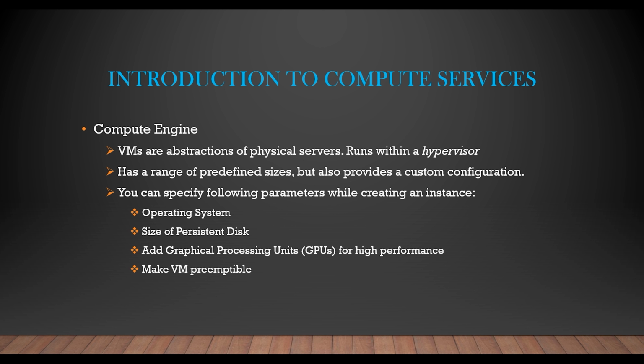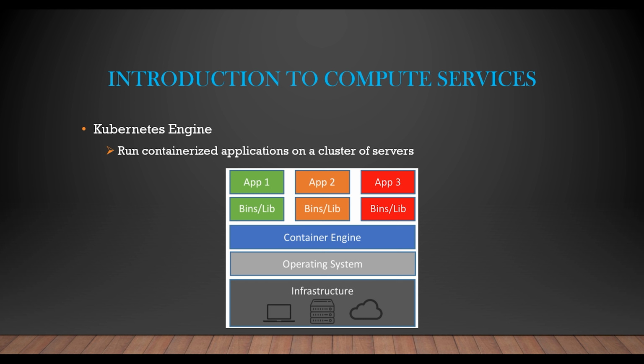But there is a limitation to preemptible VMs: they will only run for at most 24 hours. Once it has run over 24 hours, it could be shut down anytime. Preemptible virtual machines are typically used for running batch workloads.